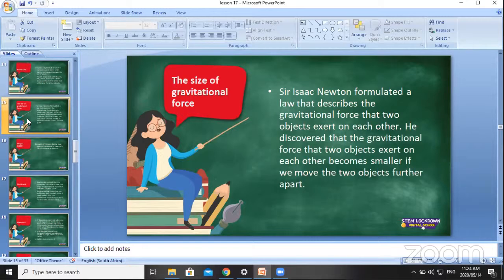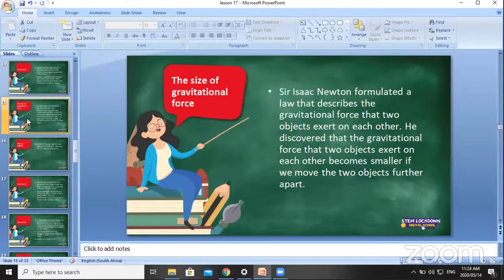He discovered that the gravitational force that two objects exert on each other becomes smaller if we move the objects further apart. Are we clear? If we separate these objects, the gravitational force that they exert on each other becomes less.